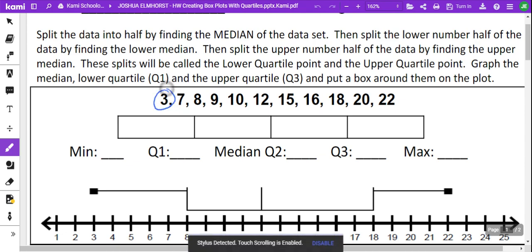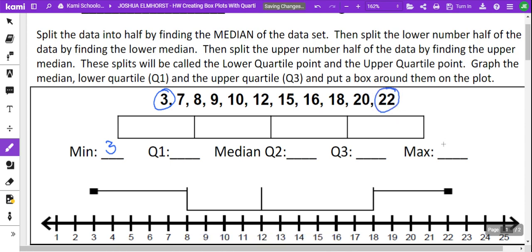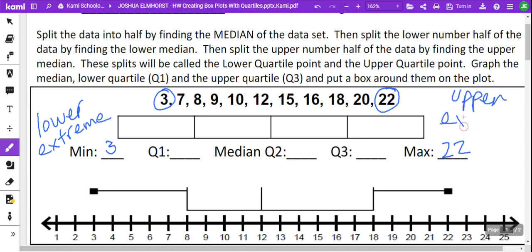Okay, so let's start with the minimum and the maximum value in the data set. We're also going to call this the lower extreme number and then the upper extreme number.